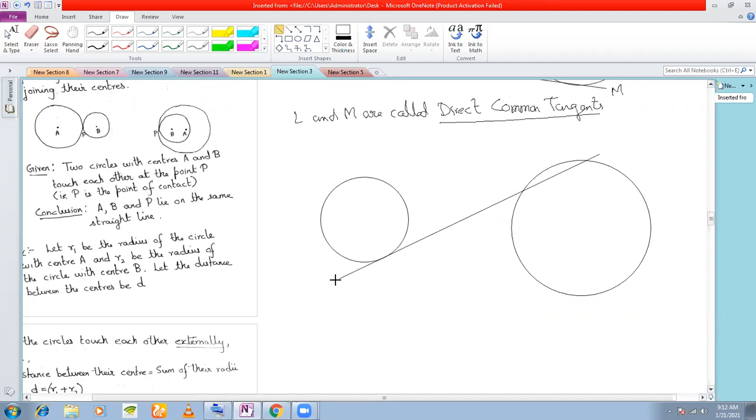This way. This tangent is called a transverse common tangent. And there can be another transverse common tangent. This is another transverse common tangent.